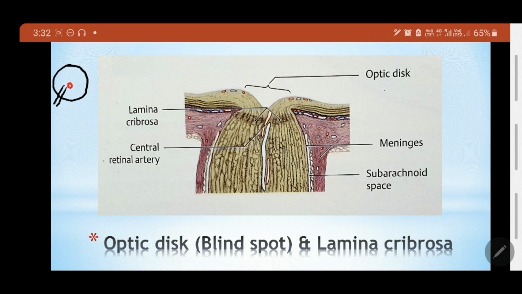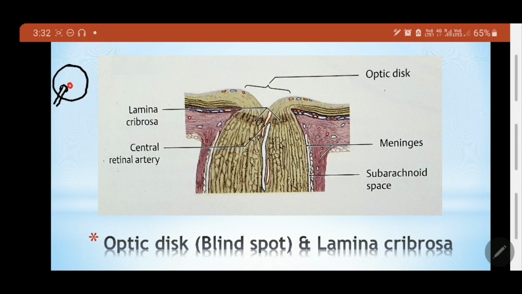This point from where the optic nerve emerges is called the optic disc, which is around 2 to 3 millimeters nasal or medial to the fovea centralis.